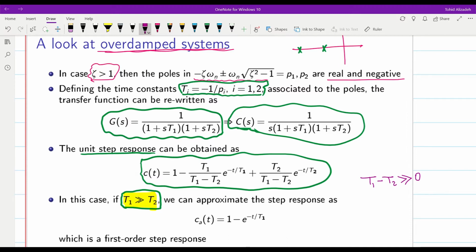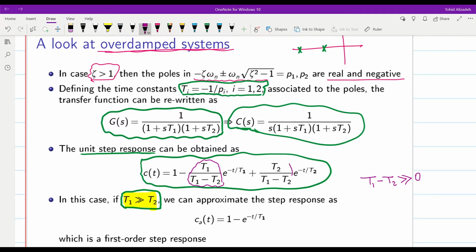Since T1 minus T2 is quite big, we can say that T1 over T1 minus T2 could be approximated as 1. Because T2 is much smaller than T1, the difference T1 minus T2 could be approximated as T1, and as a result, T1 over T1 will be equal to 1.